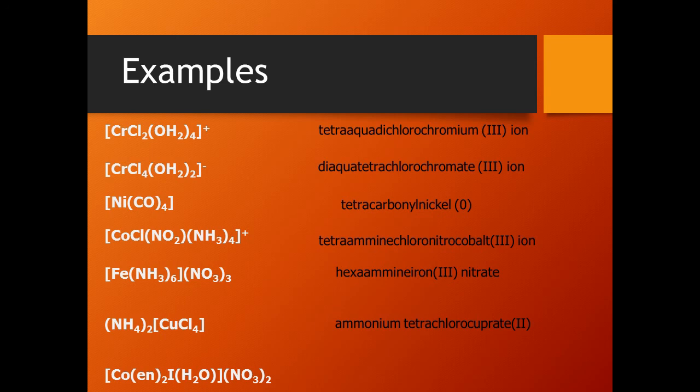This complex is a cationic complex because nitrate comes after the square bracket. 3 kinds of ligands are present in this compound: water, that is aqua, iodine, iodo, and en, which is the shortened form of the ethylenediamine ligand. 2 molecules of ethylenediamine are present here, and you should not write diethylenediamine, you must remember that ethylenediamine should be written with bis. Suppose it is 2 or 3, then you have to use bis.